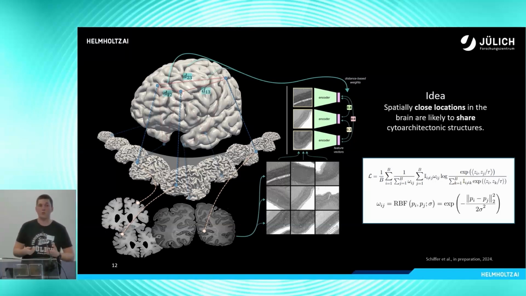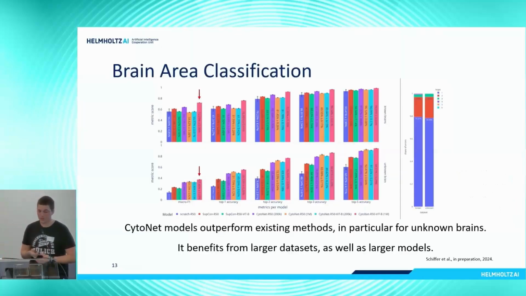And now we can ask, what does it encode about cytoarchitecture? And we have multiple ways of evaluating this. One way is to use downstream tasks, and one way is to use embedding methods and just look at, for example, UMAP.